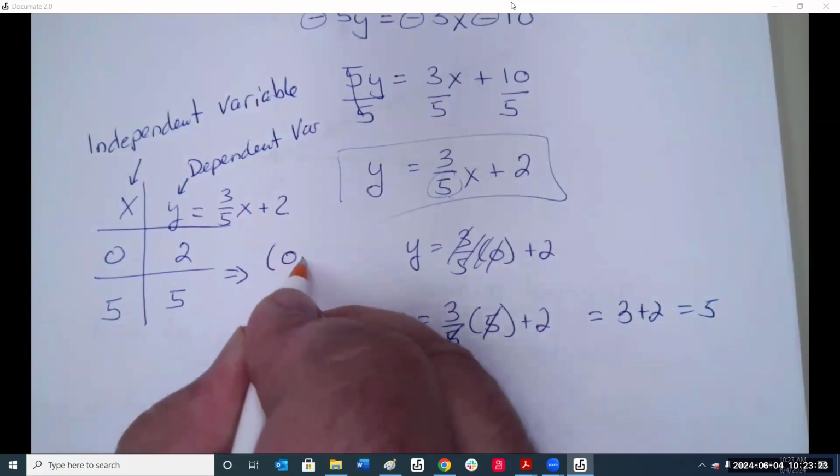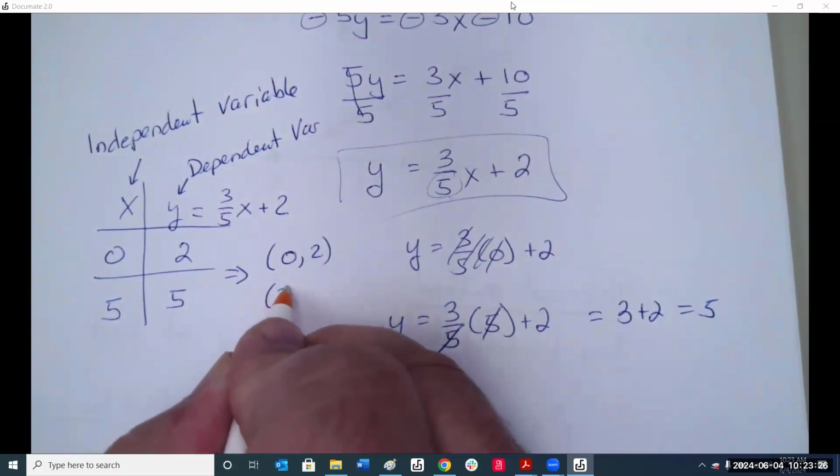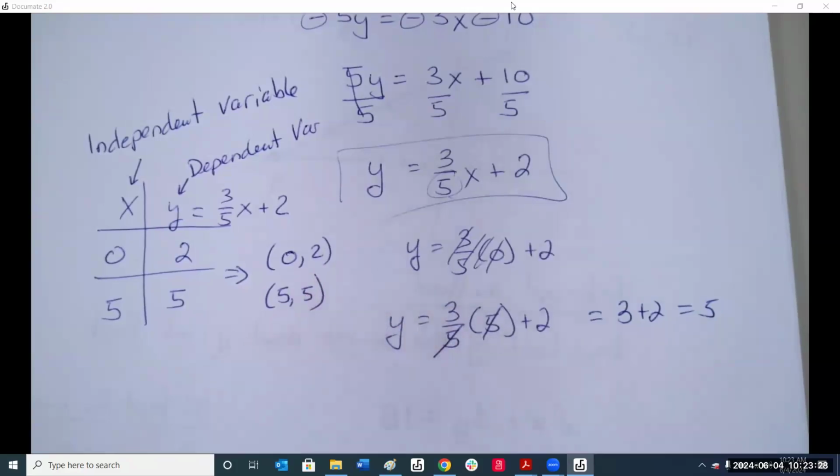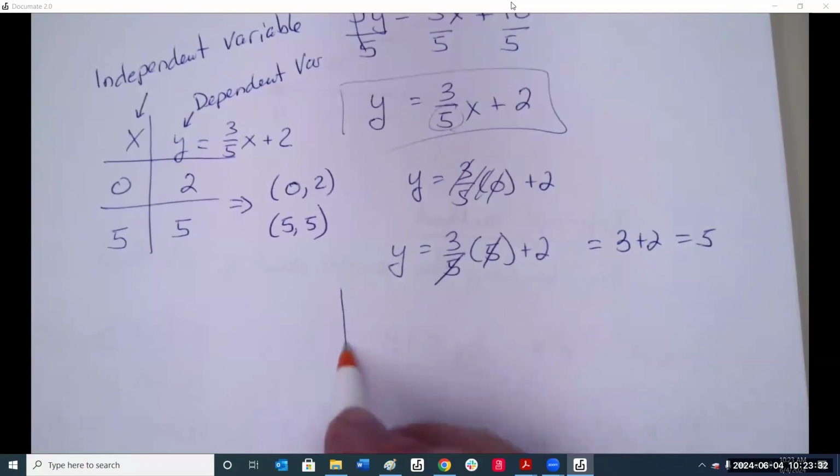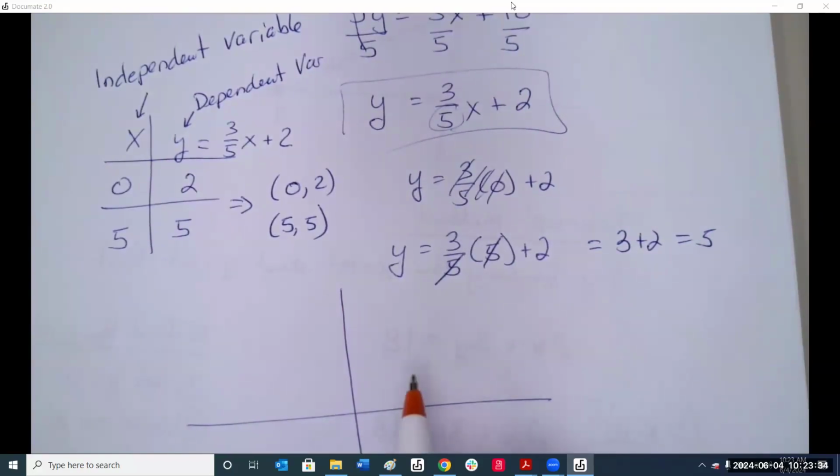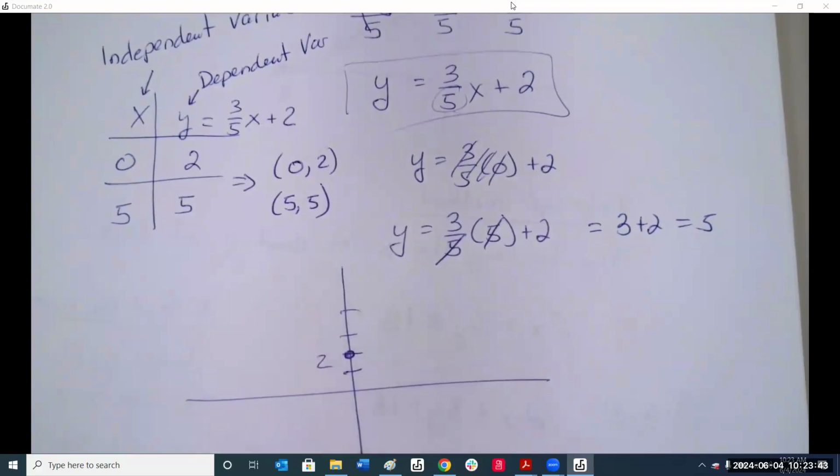So those are our points. Zero, 2, that's our first point. Then 1, 2, 3, 4, 5.